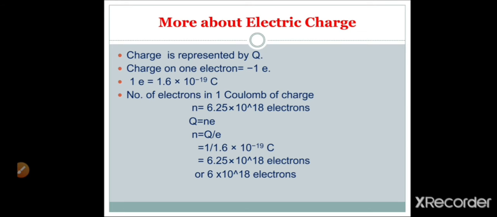So the number of electrons comes out to be 6.25 into 10 raised to power 18 electrons, or for simplicity we can write it as 6 into 10 raised to power 18 electrons. It is the number of electrons that are present in 1 coulomb of charge.